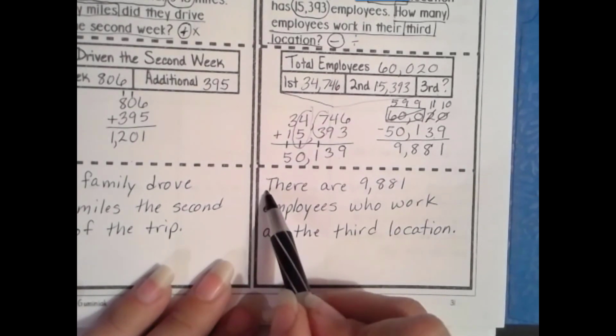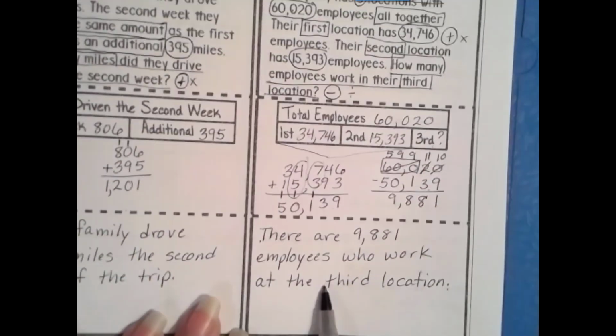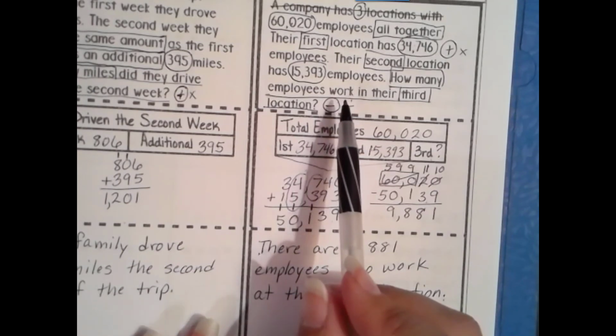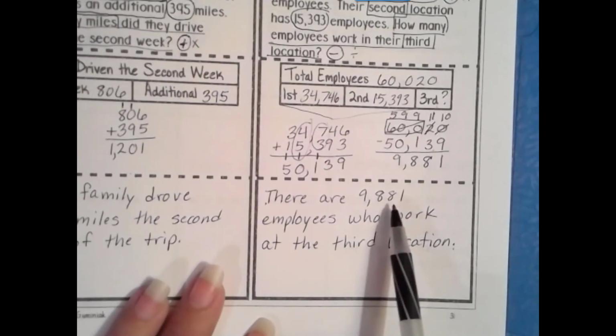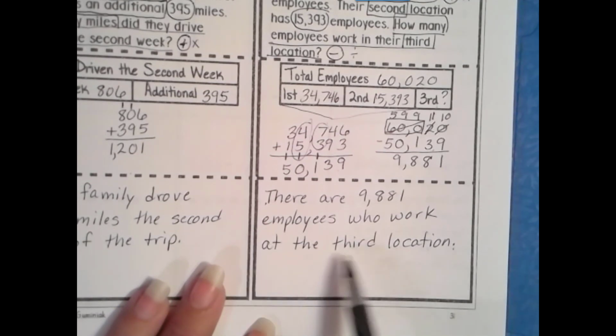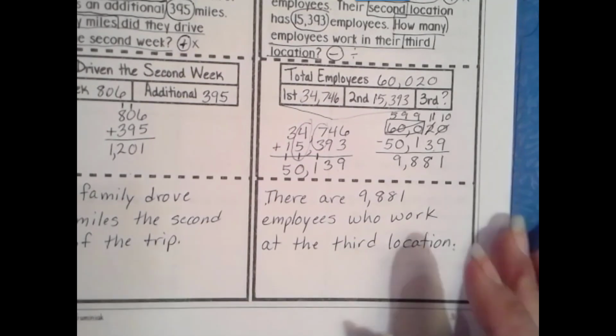Always have a capital at the beginning of your sentence and punctuation at the end. Make sure your answer matches your question. How many employees work in their third location? There are 9,881 employees who work at the third location. Those go together.